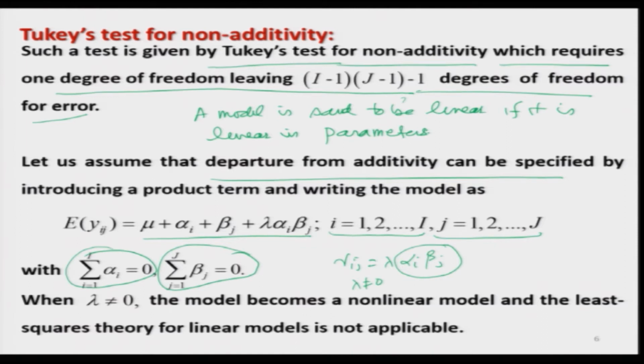No, the fundamental definition says that a model is said to be linear if it is linear in parameters. And that is why if you try to write down a model like y equal to beta_0 plus beta_1 x square plus epsilon, this is also treated as a linear model, whereas if you write the model as beta_0 plus beta_1 square x plus epsilon, this is treated as a non-linear model, right.